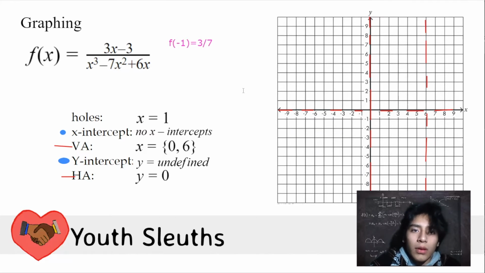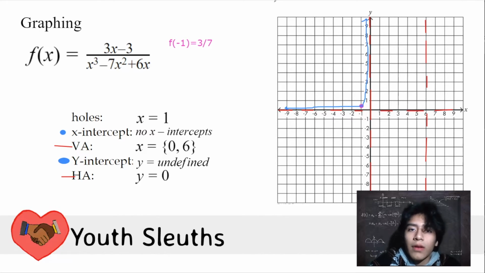So we are going to plot our point at -1, 3/7, which tells us that our point is up here rather than down here. So we're going to draw the end behavior, going close to the asymptote, but not touching it. And down here as well.